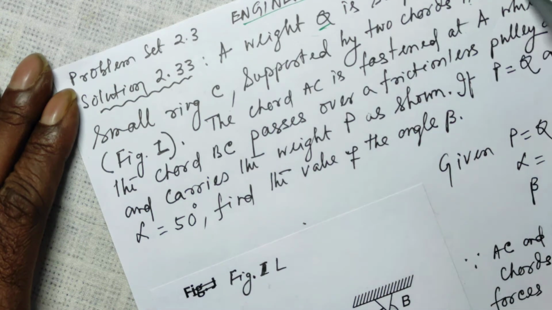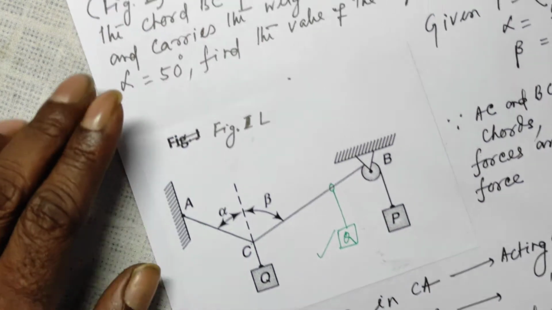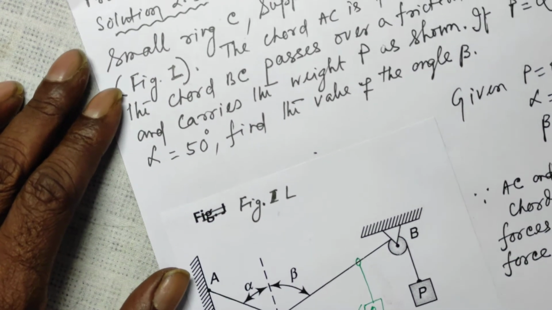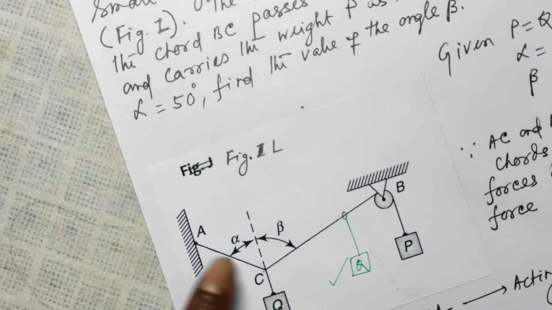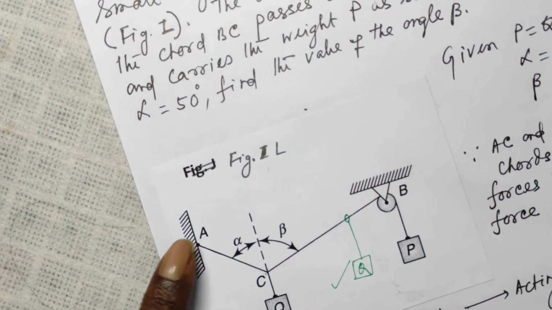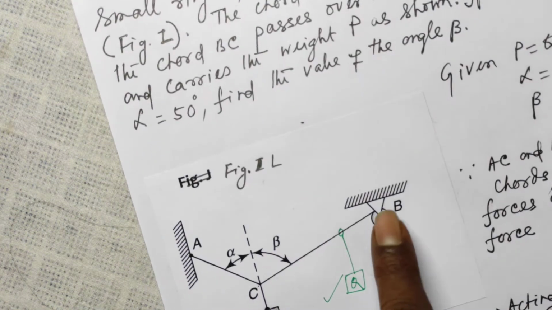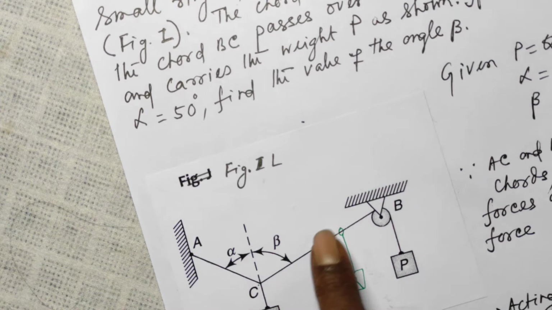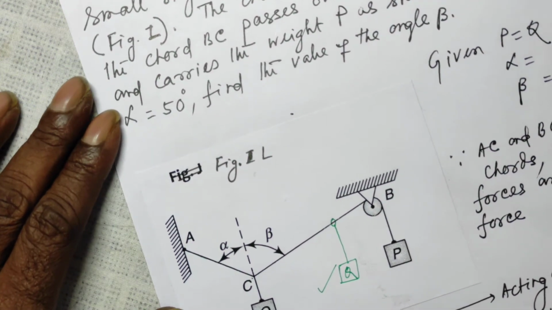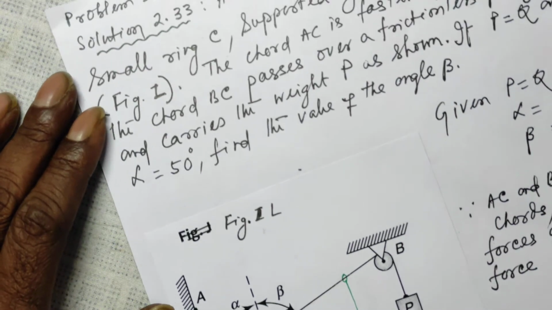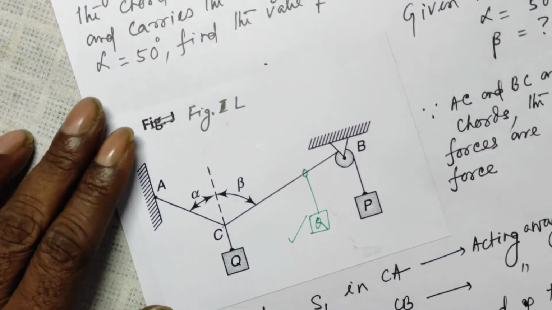Supported by two cords AC and BC. As in figure 1, the cord AC is fastened at A, while the cord BC passes over a frictionless pulley at B and carries the weight P as shown.